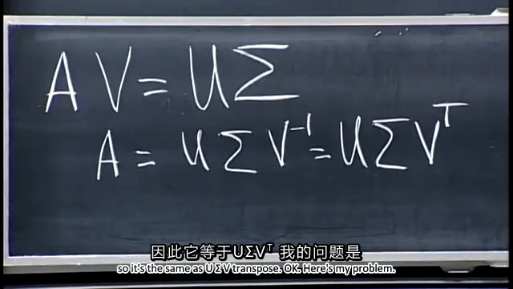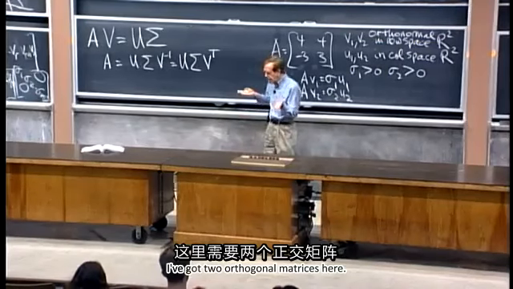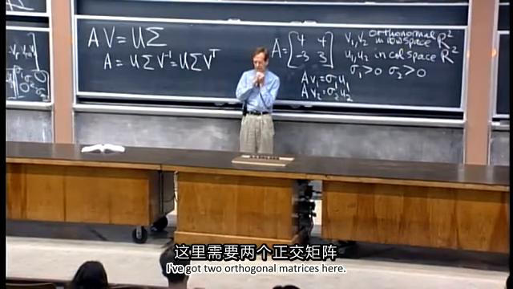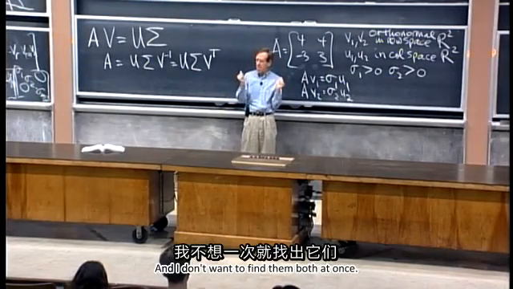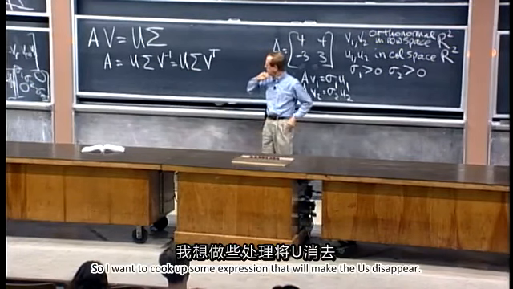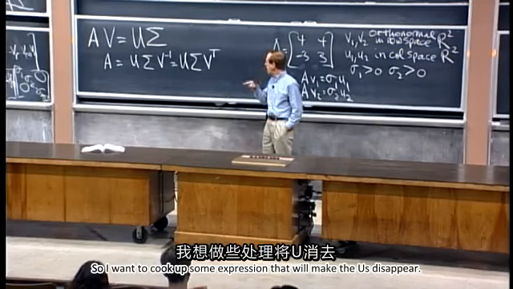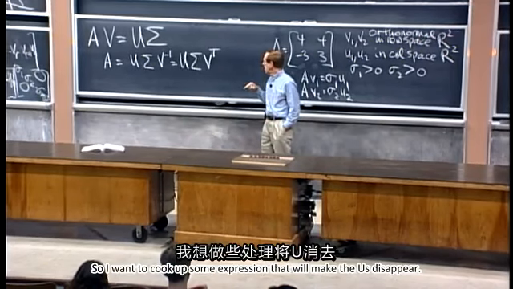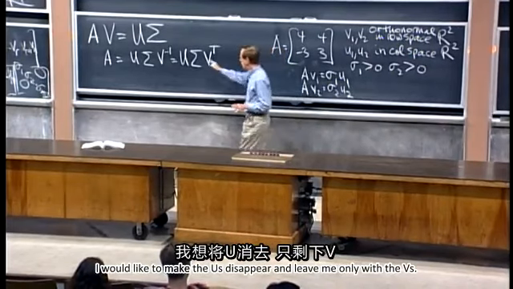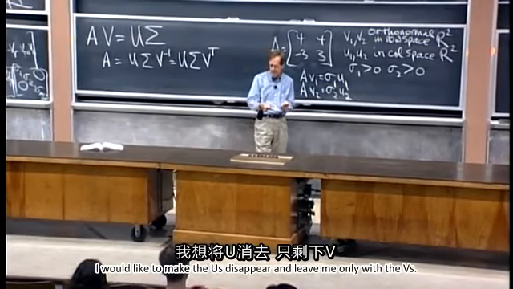Here's my problem. I've got 2 orthogonal matrices here, and I don't want to find them both at once. So I want to cook up some expression that will make the U's disappear and leave me only with the V's.